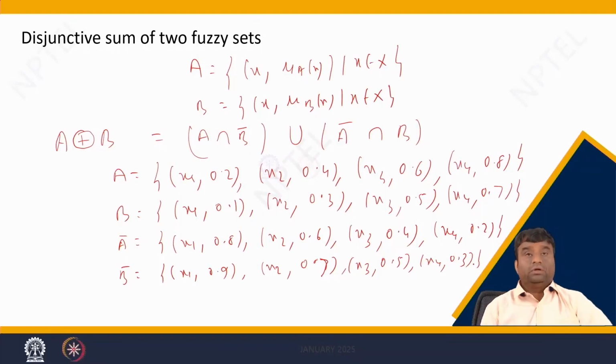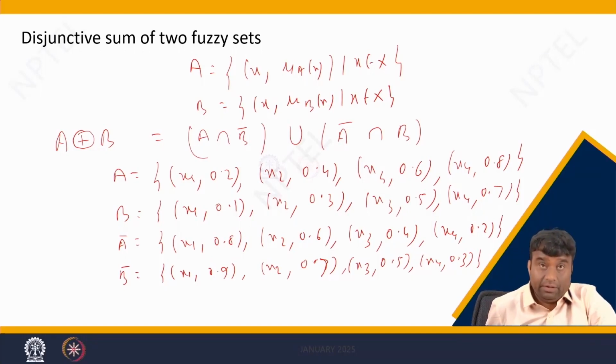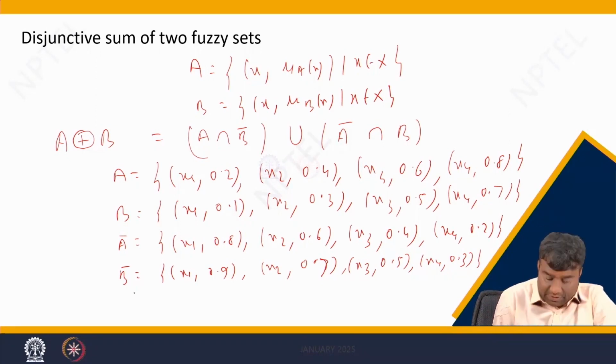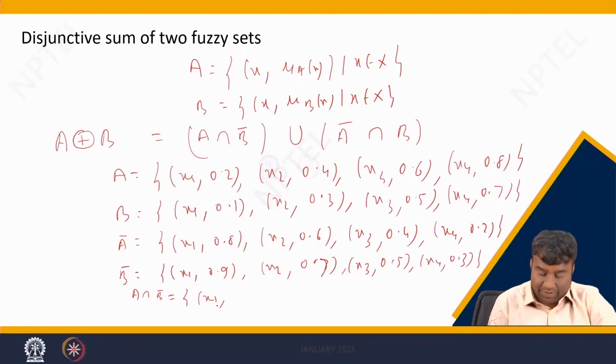So we have calculated A, B, A complement, B complement, where A and B are given in the question. Now A intersection B complement: the minimum value of A and B complement. So take these two.